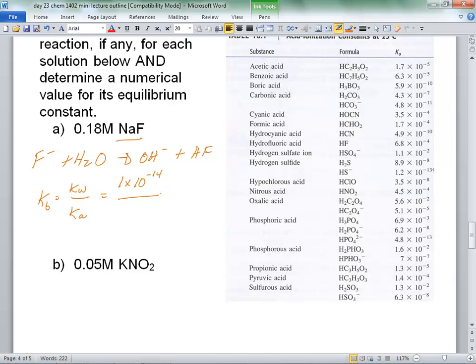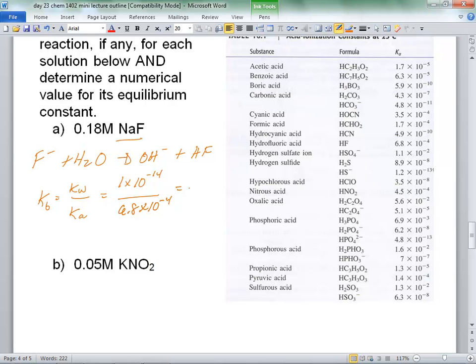Did anybody get a Kb number? Yeah, 6.8 times 10 to the negative 4. Oh, good question. You have to use the Ka for F minus's conjugate acid. And that's got to be HF. And that's where I just copied Ramiro's number.